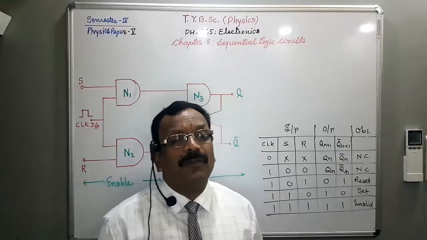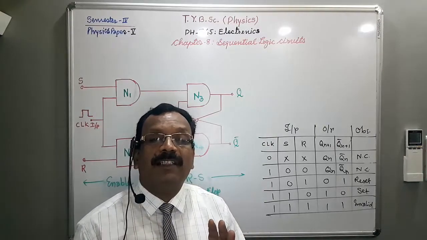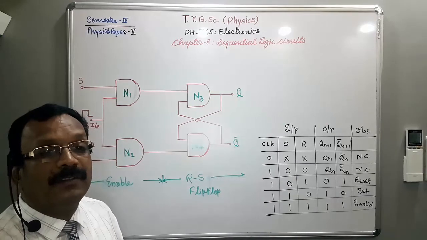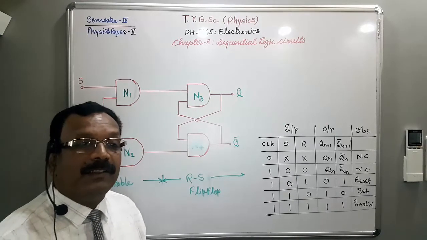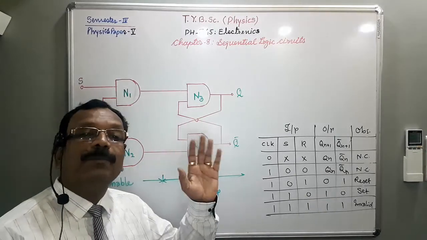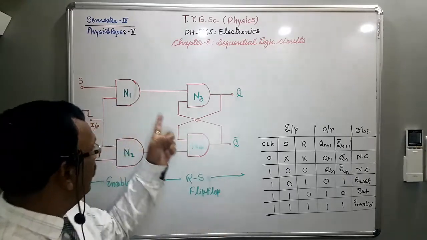This can be achieved by modifying the RS flip-flop as shown in this figure. I told you that this clocked RS flip-flop is derived from the simple RS flip-flop, just by making some modification like this.